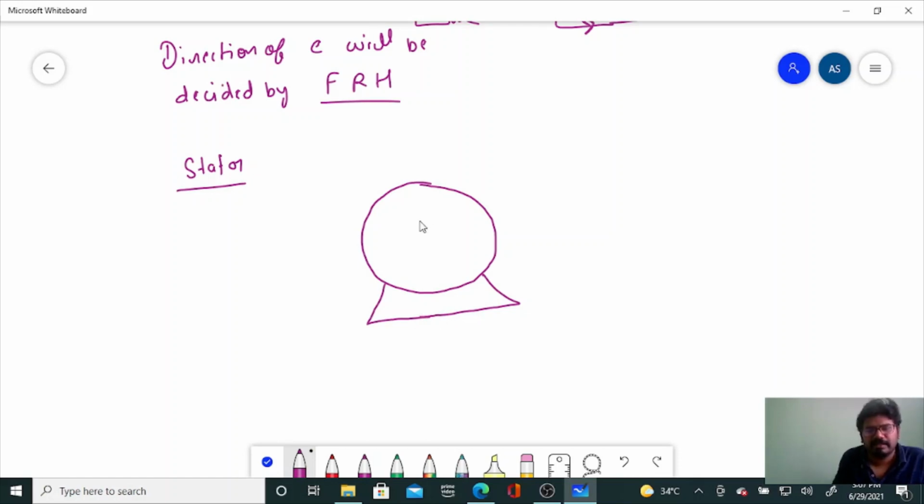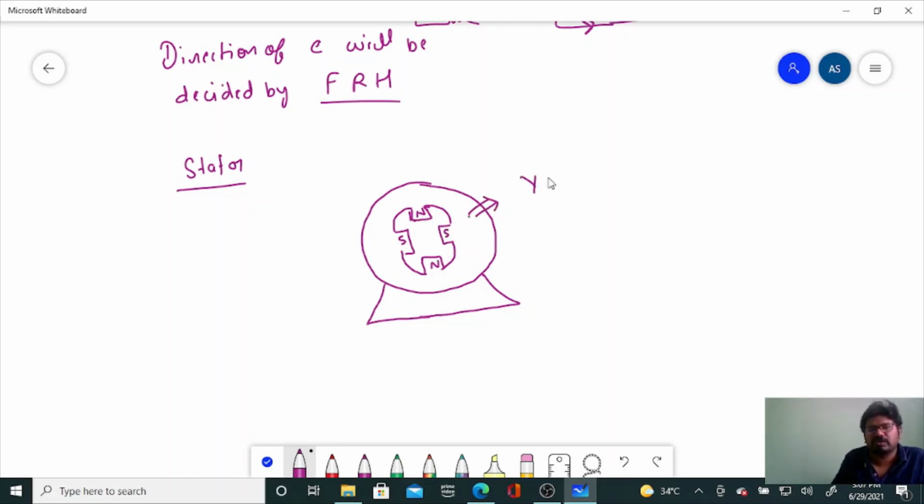Here we have hole-like structures. These are the pole shoes. Here alternate north and south poles will be developed.